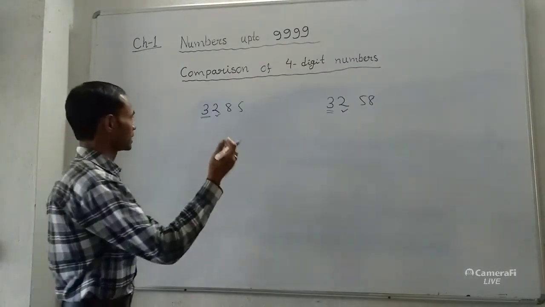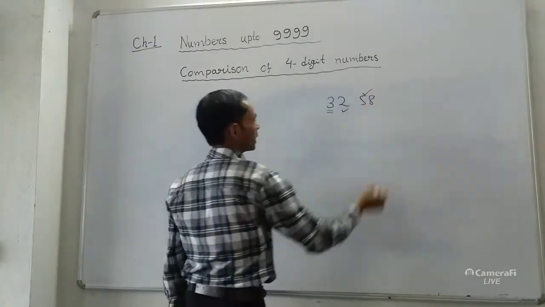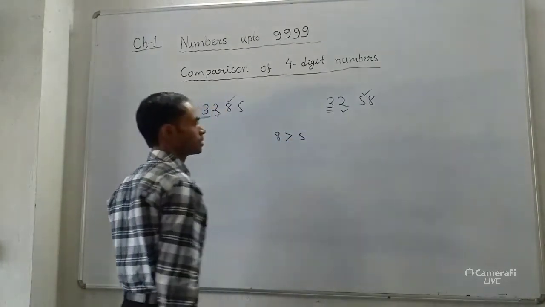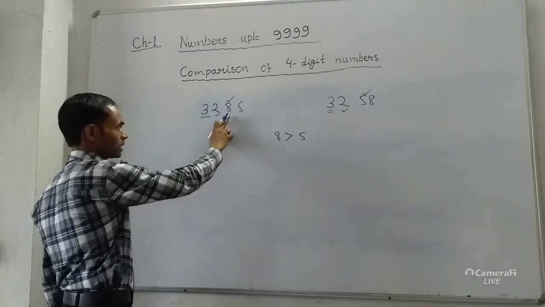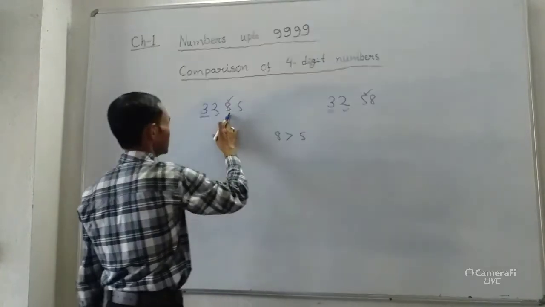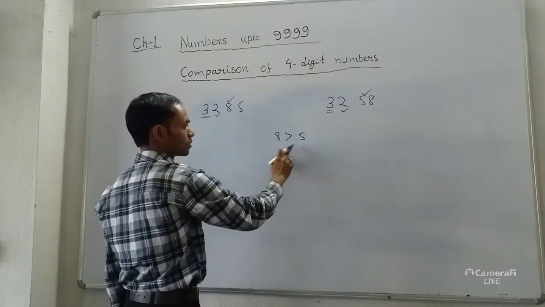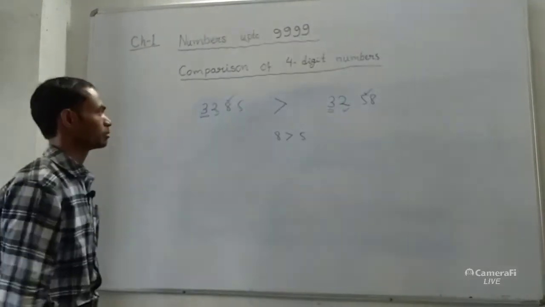Then we pass to the next digit. The next digit is here 8, here is 5. We know that 8 is greater than 5. So from the third position digit, that is the digit at the 10 place, this is 1 place, 10 place, here is 8, here is 5. 8 is greater than 5. So from this comparison we can say that this number is greater than this number.